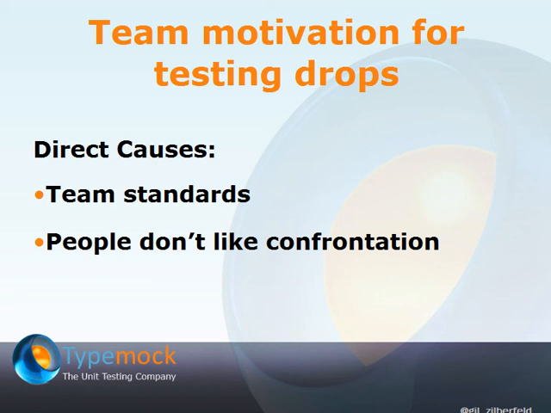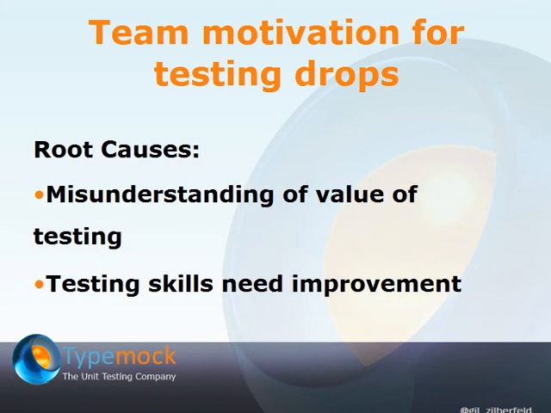And unfortunately, again, like before, having a low bar and letting these things slip usually comes to a point of conflict with the very thing we tried to avoid in the first place. Again, these direct causes are the first line.